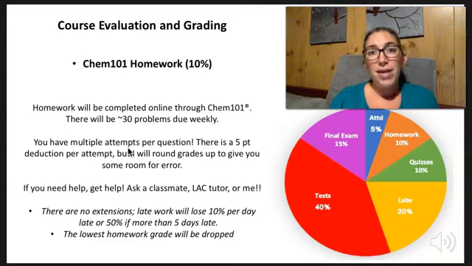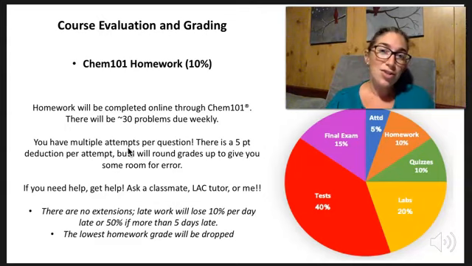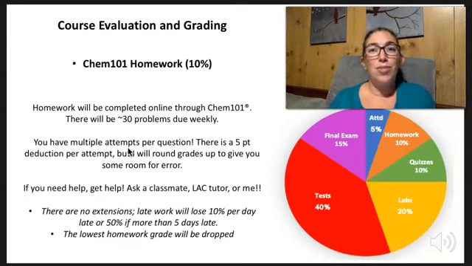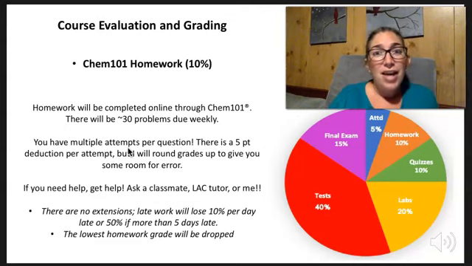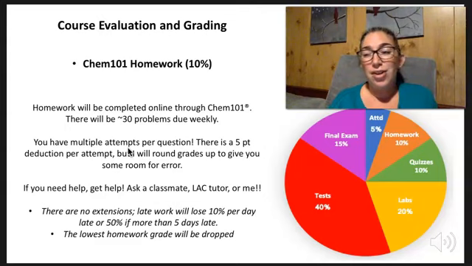There is a small penalty for each wrong attempt, so you lose 5 points on the question each time you have to try again. But it's homework, and it's okay to make mistakes on homework. You learn from mistakes. So I really encourage you not to look up answers to get it right the first time, or not attempt it if you don't know for sure you're going to be right. Feel free to make mistakes, to trip up a little and learn from your mistakes.